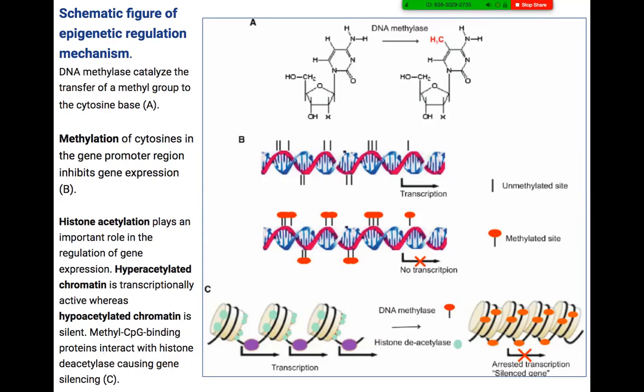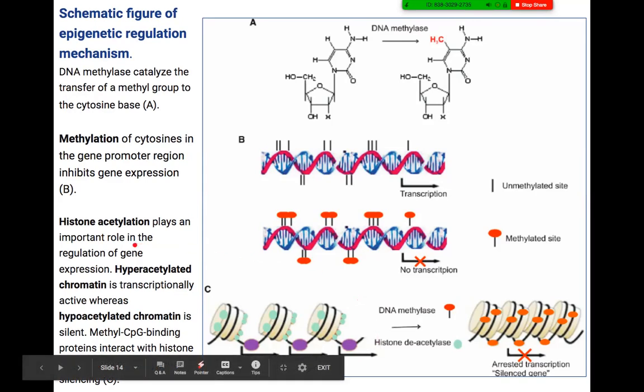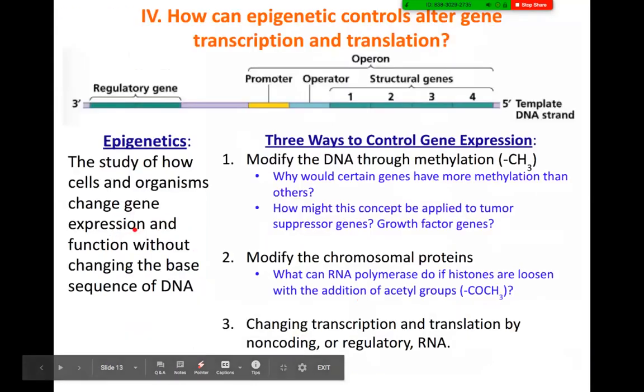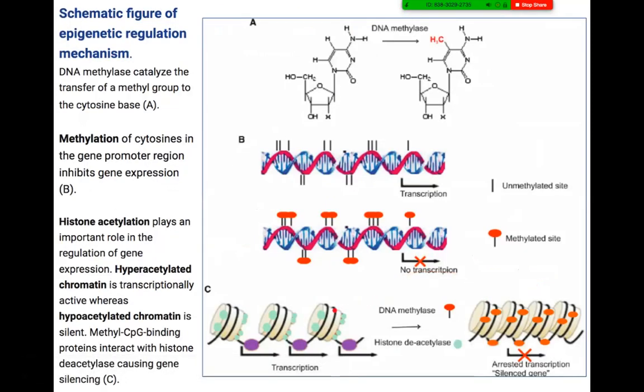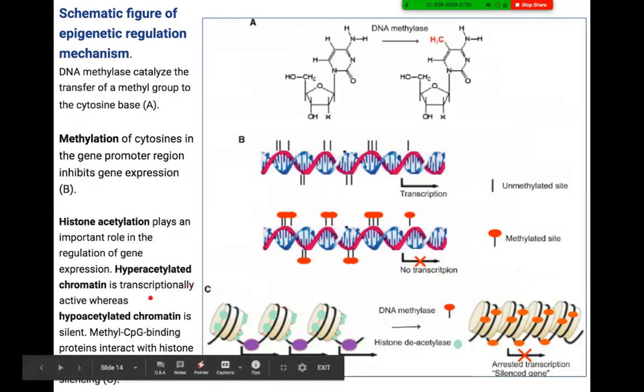If you use an acetyl group, another chemical group indicated on this slide, COCH3, and add that onto the histone itself, that can help loosen the winding of the DNA, the uncoiling process. Because you're able to loosen it, transcription will become more active.